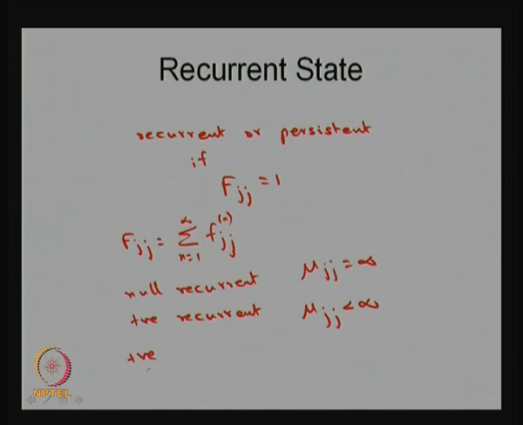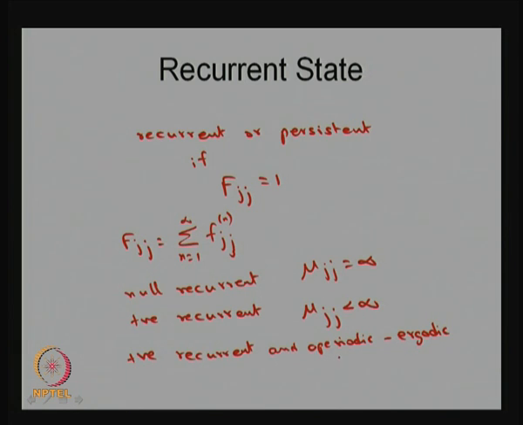If any state is going to be positive recurrent as well as aperiodic, then that state is going to be called an ergodic state. Any state is called ergodic whenever that state is positive recurrent as well as aperiodic.